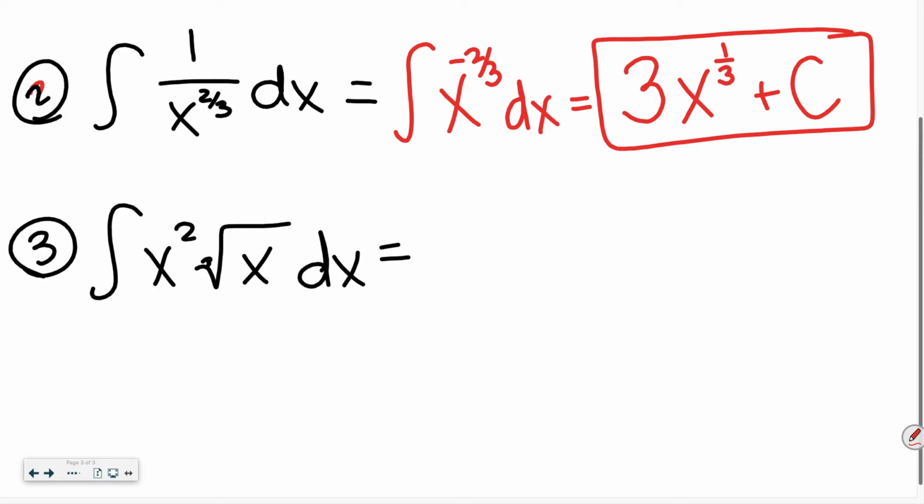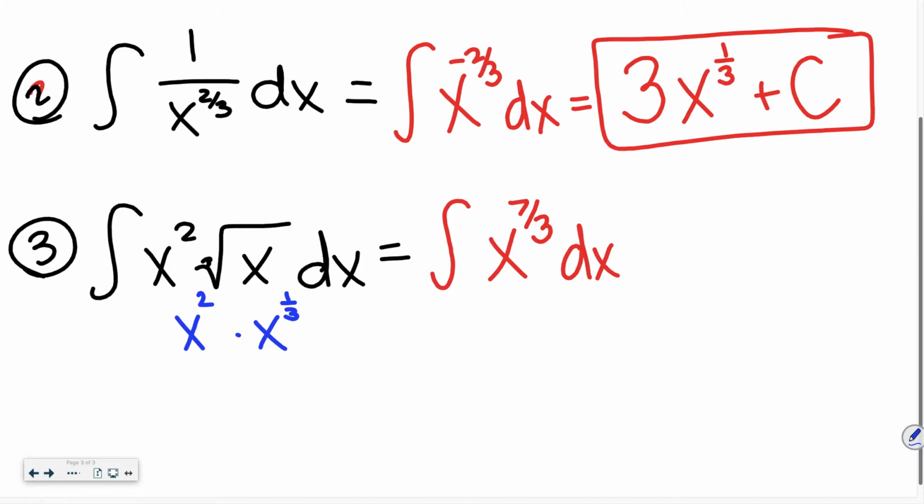But we could write this as x to the 2/3. Okay. This is x to the 1/3. This is x to the 2.